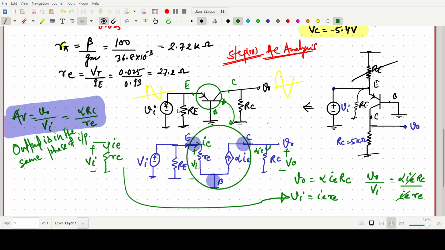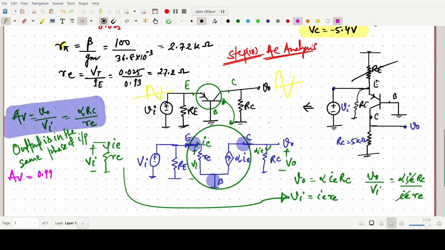This property is due to the common base configuration. So here the output is in the same phase as that of the input. Now, for the last portion, we have to find the voltage gain theoretically. AV is alpha RC by RE.